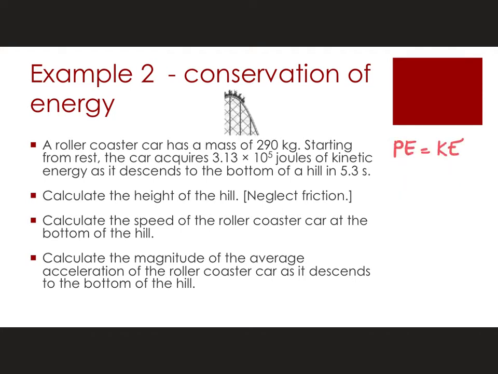Okay, so in terms of calculation, potential energy at the top is going to equal the kinetic energy at the bottom. Potential energy is mgh. Kinetic energy is 1/2 mv squared, but we don't need that because we actually have the number of joules here, 3.13 times 10 to the power 5. I'm going to rearrange that for the height.